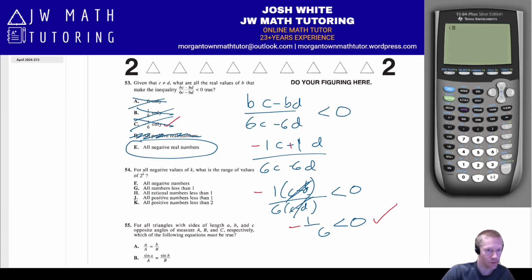So if you were starting with A, I just do 6 times, let's say C is 2, minus 6 times 1, in parentheses, divided by, and then on the bottom, 6 times 2 minus 6 times 1. Okay, and again, there we get +1. So when I was checking answer choice A, that's what I got. 1 is not less than 0.